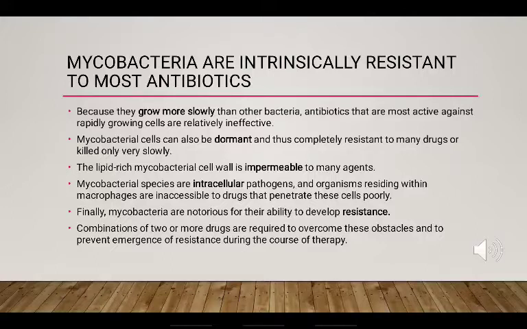Okay, to put him on anti-TB medications to treat his illness.